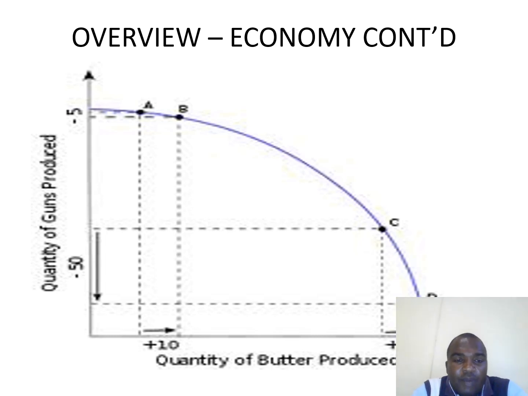And then this slope actually increases, because between points C and D the slope is -50 divided by +10, which gives us -5.